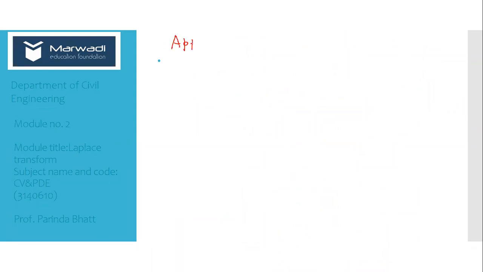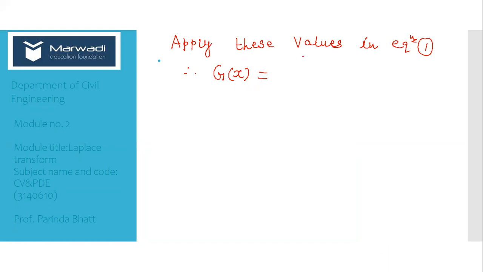Apply these values in equation number 1. Therefore, g of x equals the value of a square divided by a square minus b square into 1 upon x plus a square.